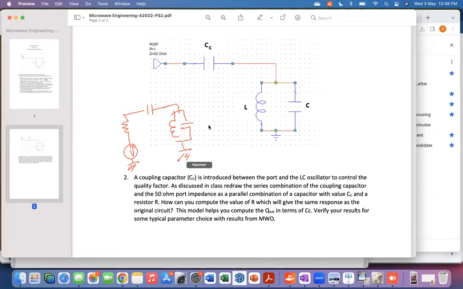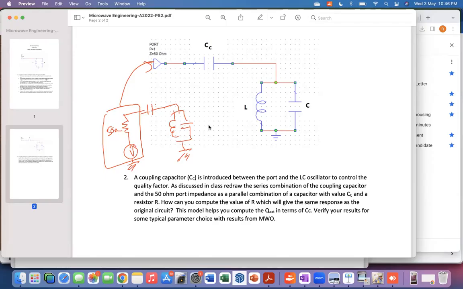This here is basically what this port represents, and this is 50 ohms. But if I forget about the voltage source, and remember this is the idealized model, which is called the Thevenin equivalent, the voltage source has zero impedance. So if the voltage is set to 0 and has 0 impedance, then I can just remove this voltage source. Then all I have left is the parallel LC circuit connected to 50 ohm to ground. Is that part clear now?